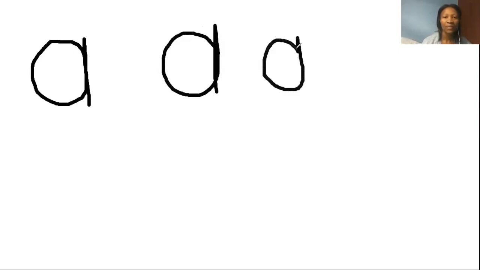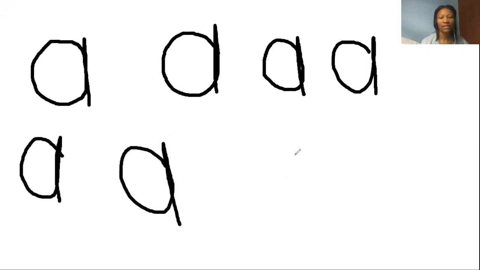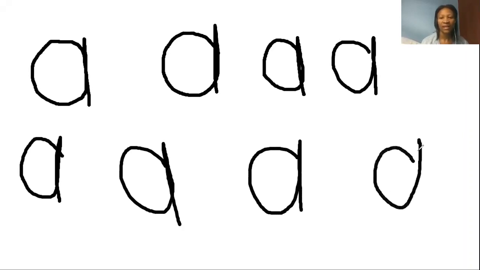Around, up and down. Can you fill up your page making lots of A's on your page, practicing to write the A? Very good. Let's practice writing that A. Fill up your page nicely.